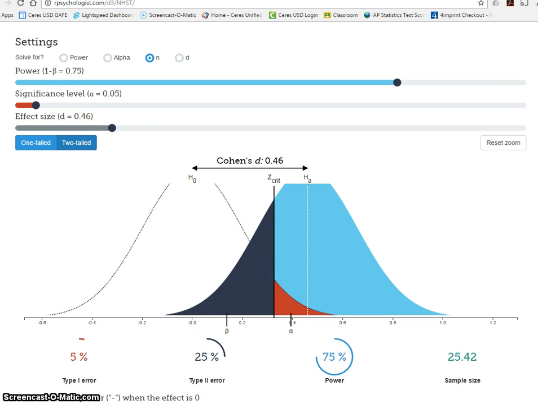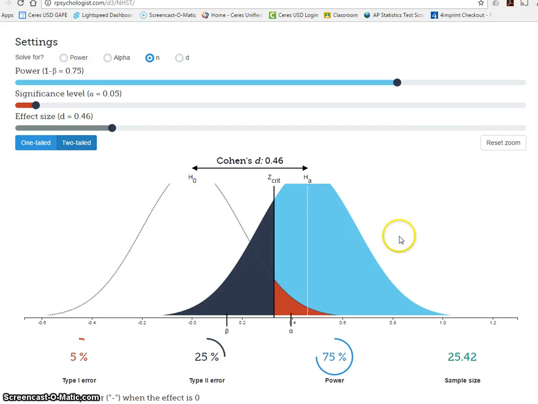Decrease type 1 error, sample size goes up. So as sample size increases, we can actually decrease both the type 1 error and the type 2 error. How do we decrease the probability that we get a type 1 error and a type 2 error? Then what we do is we increase the sample size.